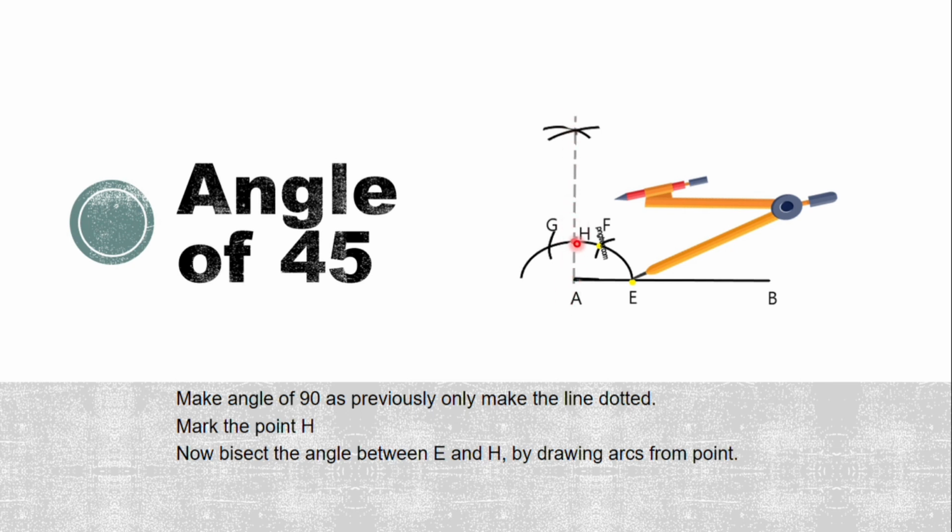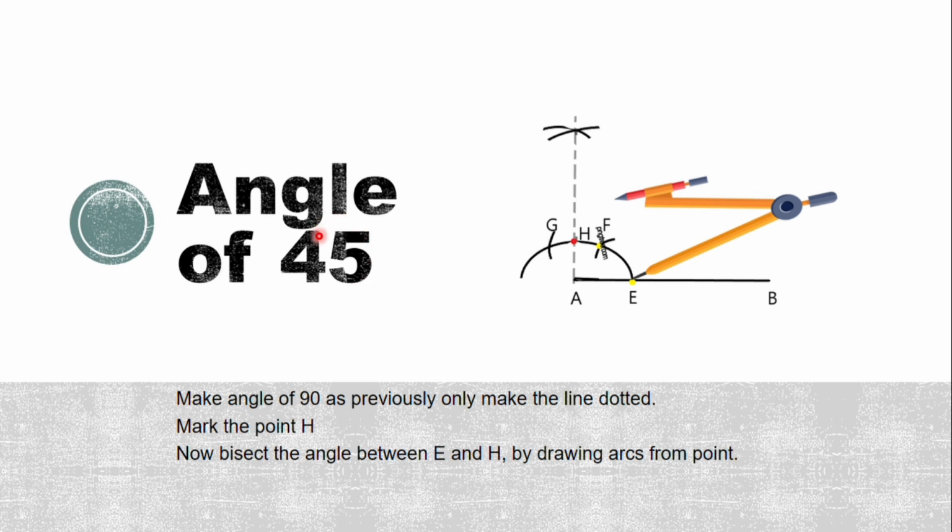Then the point where the semicircle and the line are touching, we will name point H. Now the angle between E and H is equal to 90 degree. Now if we bisect the angle of 90 degree, each part will be equal to 45.